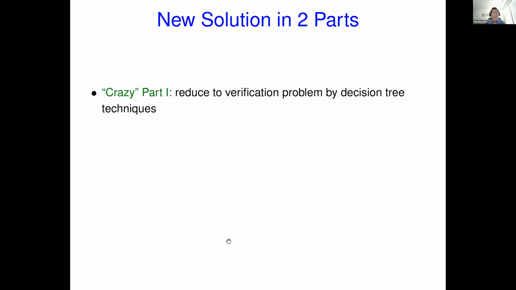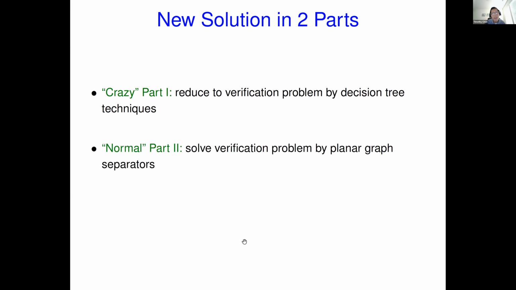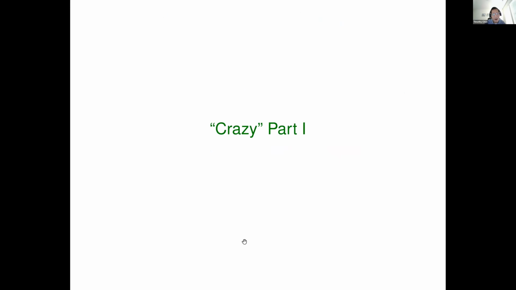And this will be the crazy part because it's going to use decision tree techniques, and it's going to use some rather unusual ideas that to a theoretician you might find fascinating and cool, okay? But to a practitioner, you might cringe. And then in the second part, we'll solve the verification problem itself, and this part will be more traditional, based on more normal ideas, more down to earth. Okay. So I'm going to start with the crazy part.